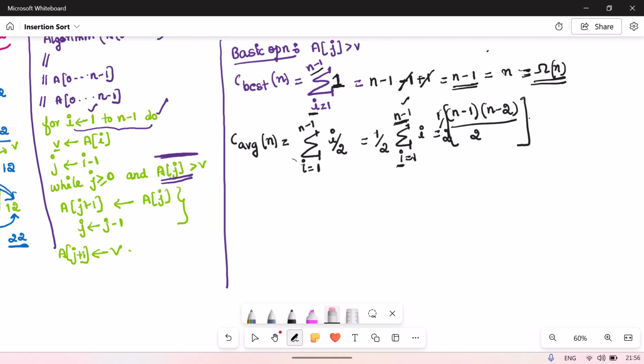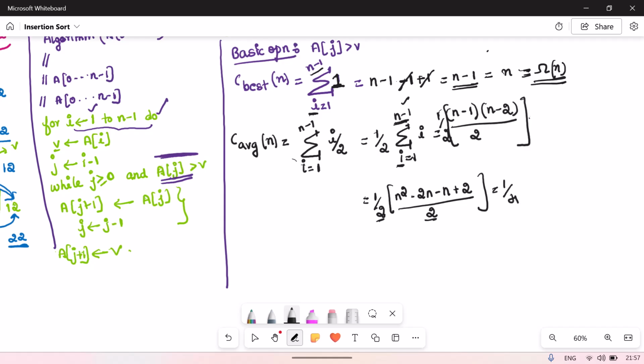Then again, half into n square minus 2n minus n plus 2. Okay. So this is what you will get divided by 2. So it will be 1 by this into this.